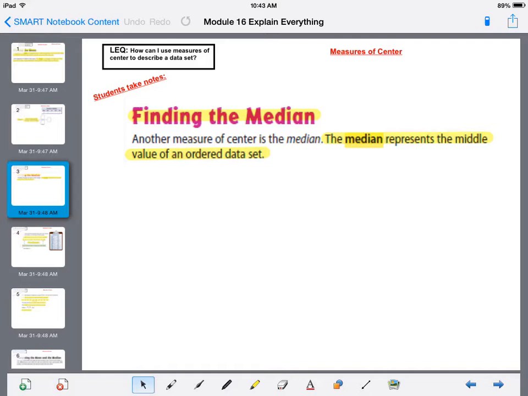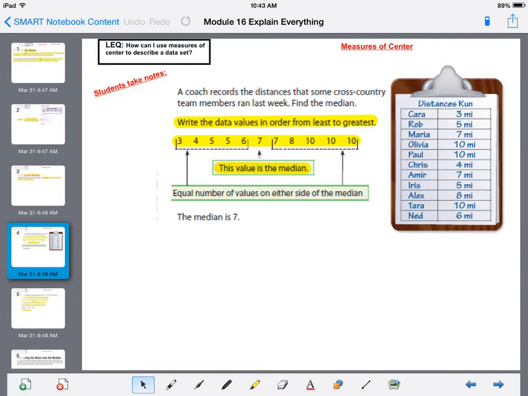In order to find the median, we would have to order the data set from least to greatest, and then the median represents the middle value or the middle guy. So for example, in this data set, we have 1, 2, 3, 4, 5, 6, 7, 8, 9, 10, 11 values.